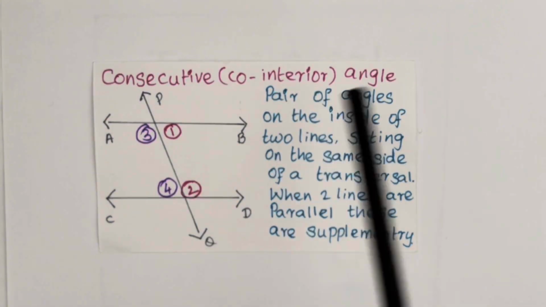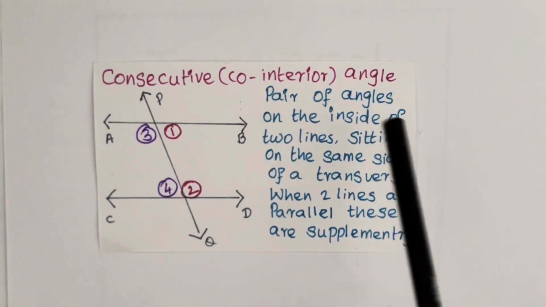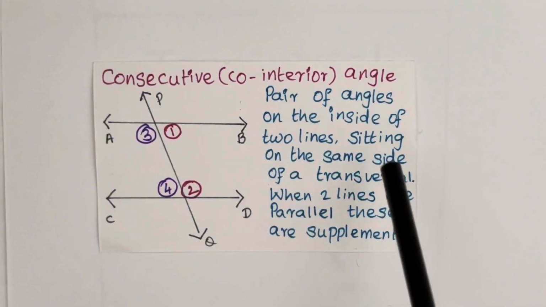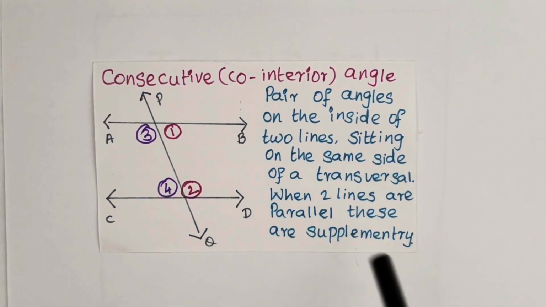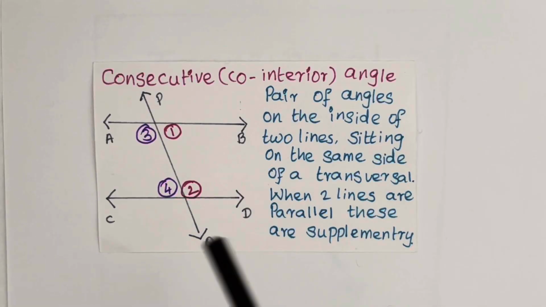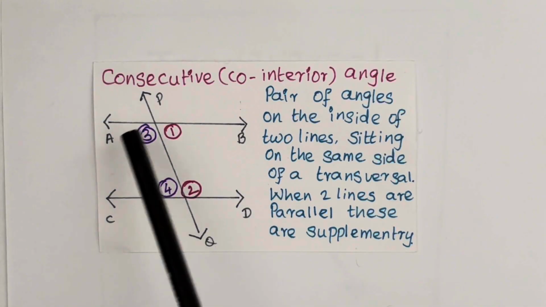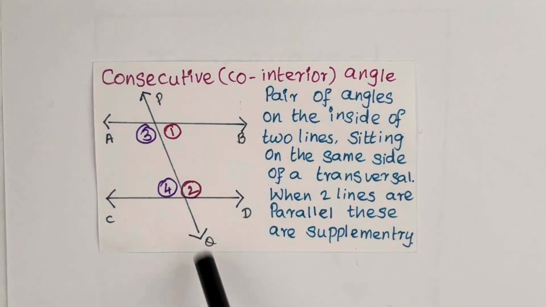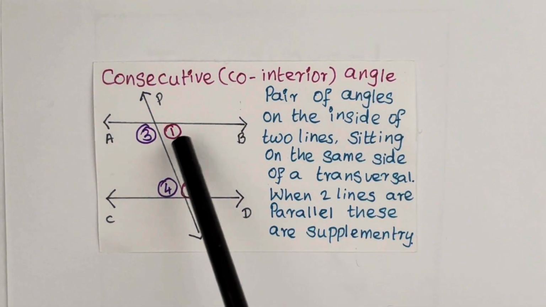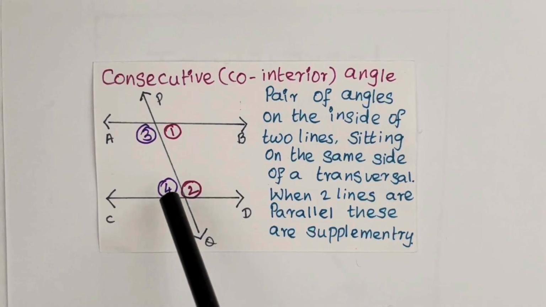Consecutive co-interior angles are a pair of angles on the inside of two lines, sitting on the same side of a transversal. Here AB and CD are the parallel lines and PQ is the transversal. Inside means 1, 2, 3, 4 are the angles which lie inside, sitting on the same side.